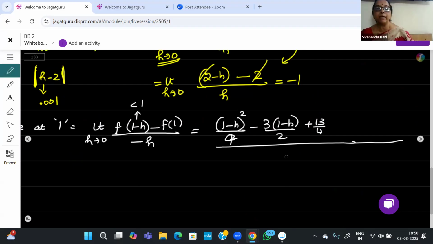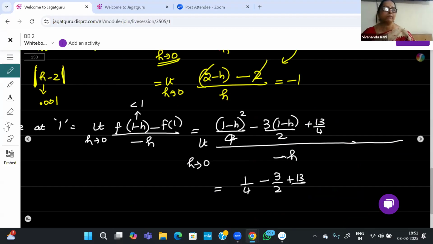Till this, divided by minus h and limit h tends to 0, right? So 1 square by 4. So 1 by 4 minus 3 by 2 plus 13 by 4. We have still not, there is a zero in the denominator. h tends to 0.